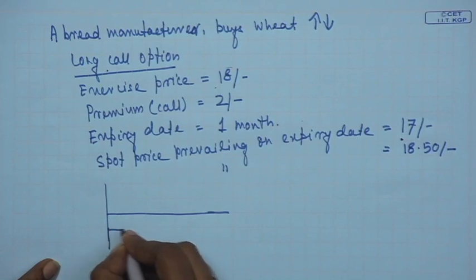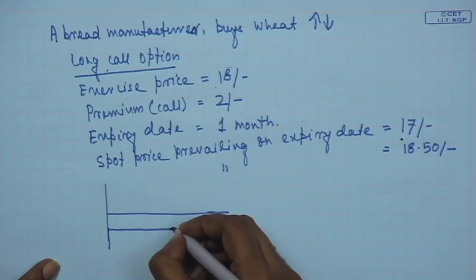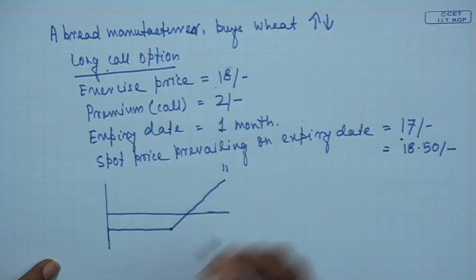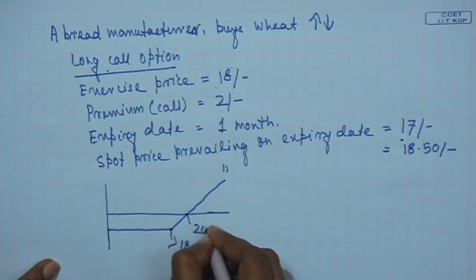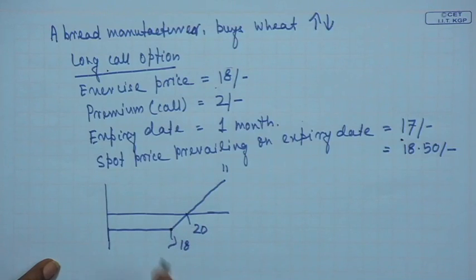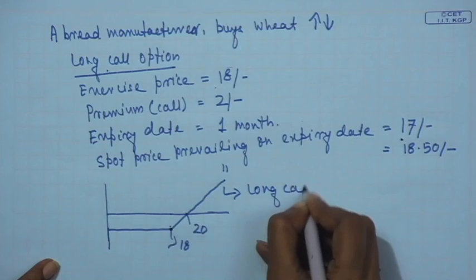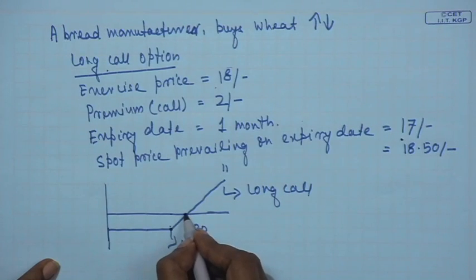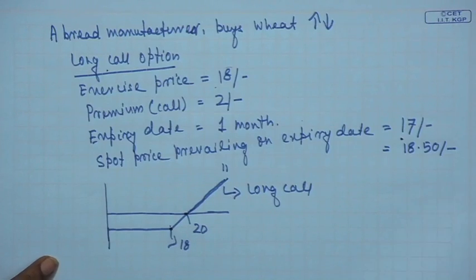Any price up to 18 he will not exercise, but any price after 18, so this is your 18 rupees, this is your 20 rupees, the long call will exercise its option, and any price after 20 he will start making profit from the long call.